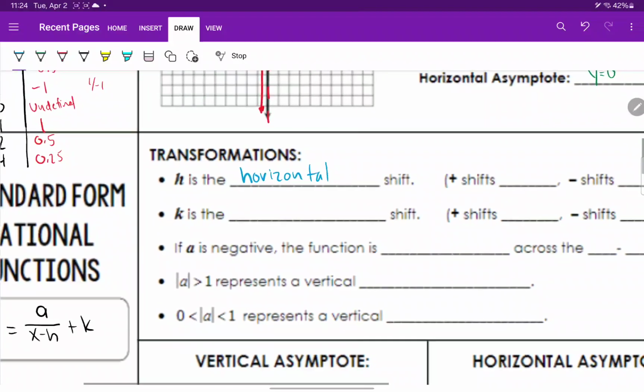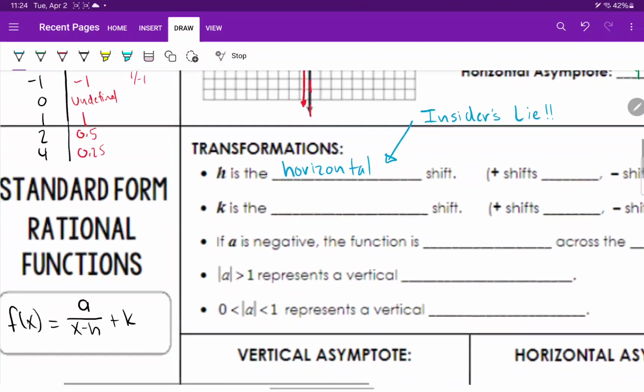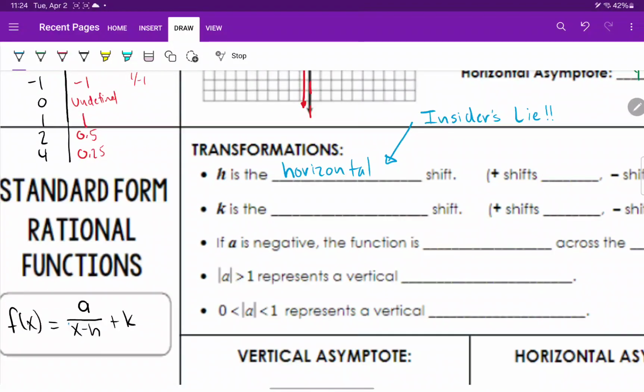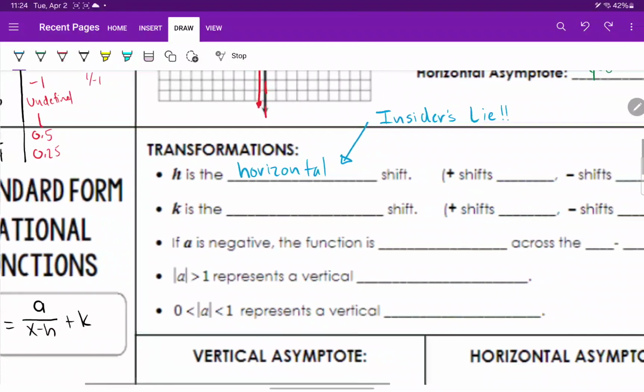If you remember the phrase, insiders lie. So remember, h is right here. If you wanted to add parentheses here to remind you that it's inside, you can do that. But just remember, for horizontal, insiders lie.